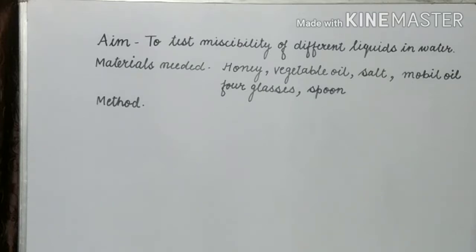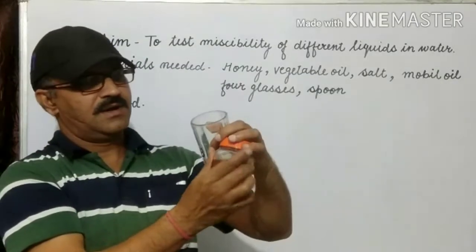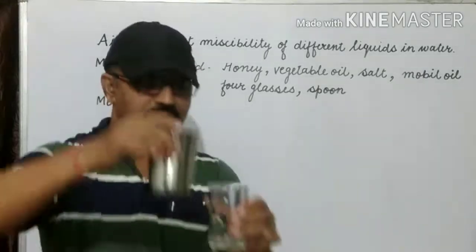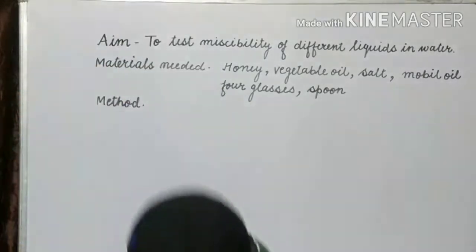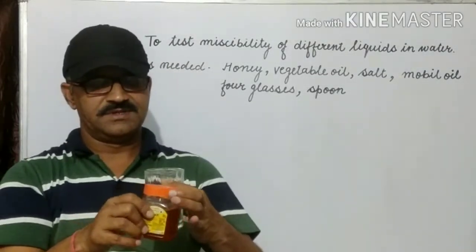Now B part, glass number B, I'm having some water. This is the honey.